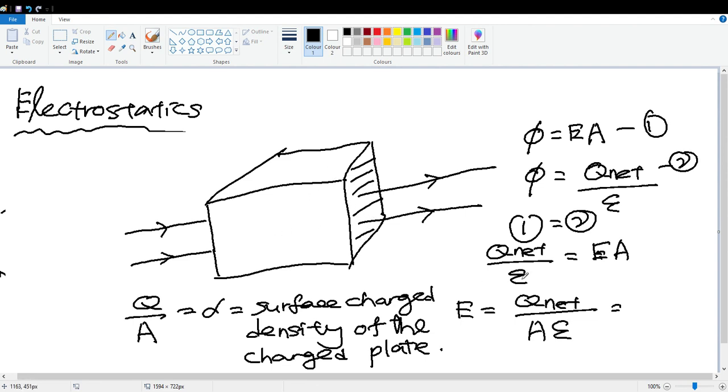So I can conclude that Q over A is equal to the surface charge density of the cubic conductor, divided by the permittivity of the medium. So this is another formula for electric field strength.